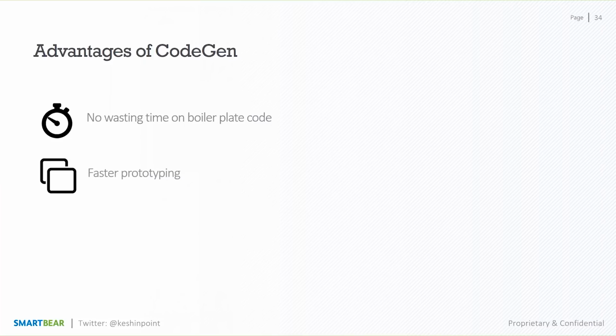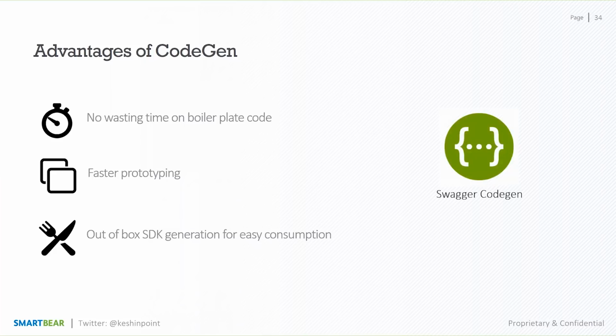Faster prototyping: get to your value as soon as possible. And finally, out-of-the-box SDK generation for easy consumption. You can ensure that you have SDKs right out of the box, which your end consumers can then use to start consuming that API, integrating that into their own applications, and essentially it makes for a great developer experience as well. And the tool that supports this is the Swagger CodeGen project, which you can find on swagger.io.